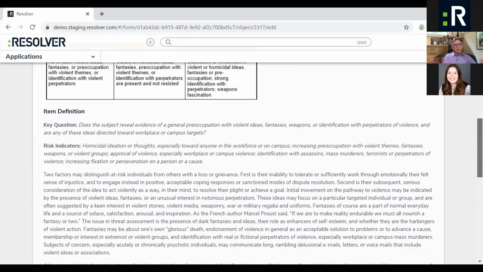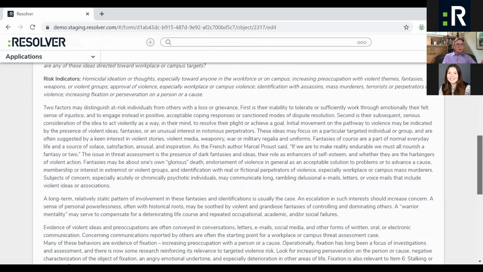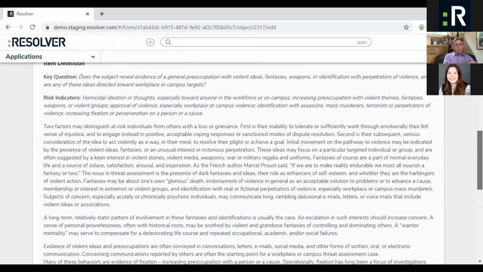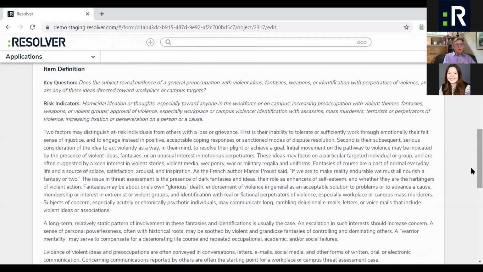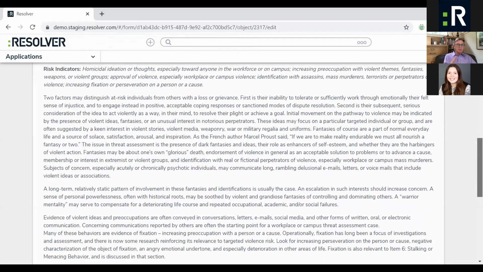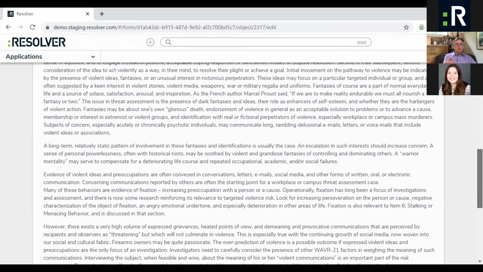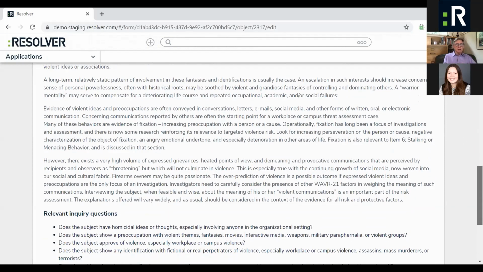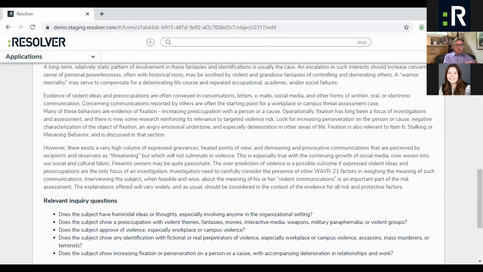And let me say, any item you look at in the context of what you know about the other items. So you're integrating. Now notice here, item definition, and this is taken from the larger waiver manual, which you get with the app. And each section dealing with the item first asks the key question, does the person have preoccupation with violent ideas? And then the risk indicators, which is just a statement of what's in that item. Person does have these ideas. And then there's text, 2 to 4 pages for each item, discussing the research and clinical evidence for a relationship of that item to actual violent risk.